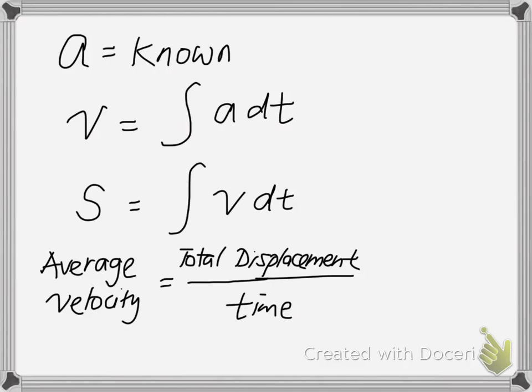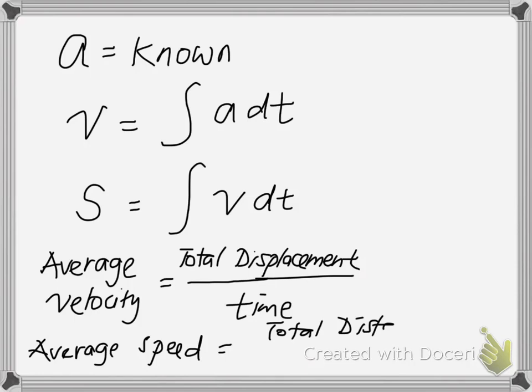Alright? So what is the average speed? Must be a total distance over time. Okay? So which also means that there is definitely a difference between displacement and distance.